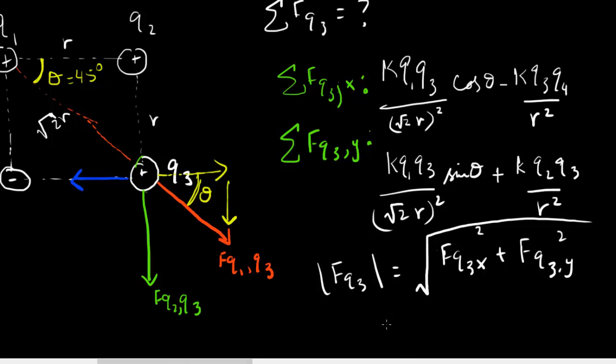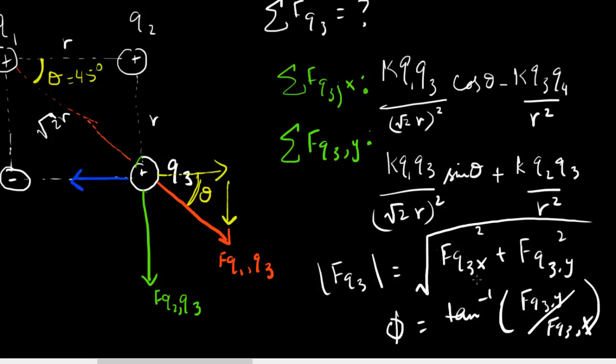And then the direction of this force, you can find the angle by doing inverse tangent of the force on q3 in the y direction divided by the force on q3 in the x direction. Okay, I hope you followed this.